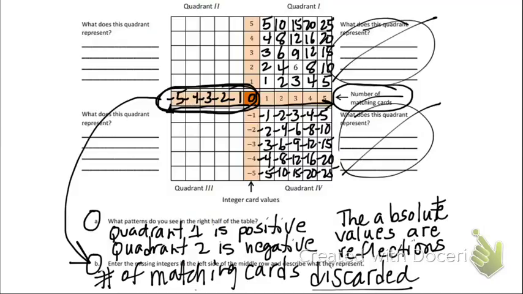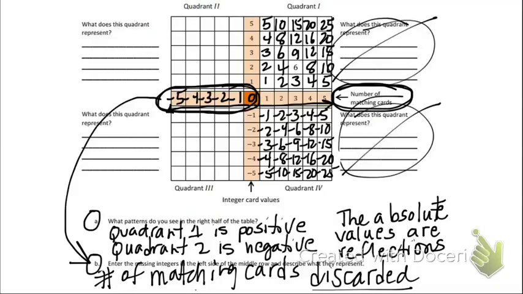So moving to this left side, all of our x values right there are going to be negative, and I described them as the number of matching cards discarded. When I'm thinking of the number of matching cards on this side, that's picked up, or drawn over here. That's the number of matching cards that are discarded, or removed, hence the negative value.